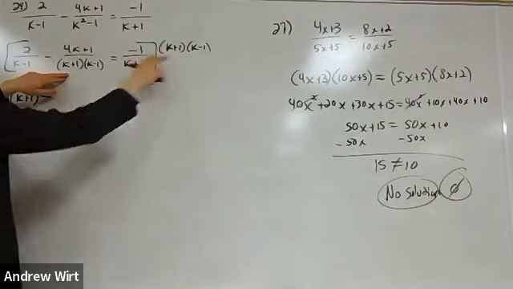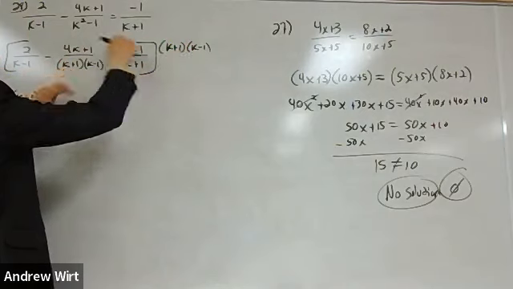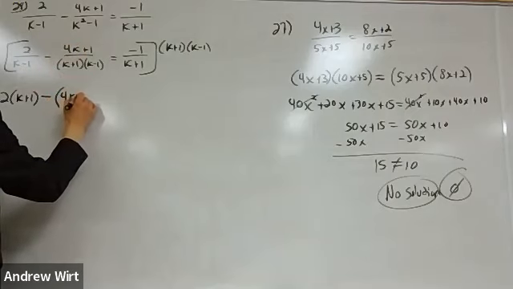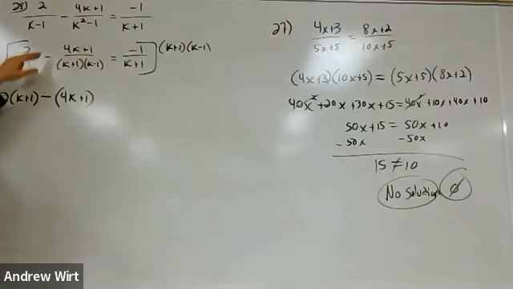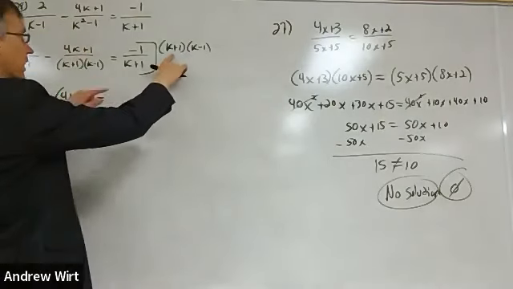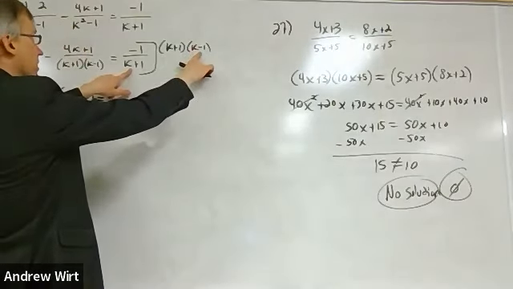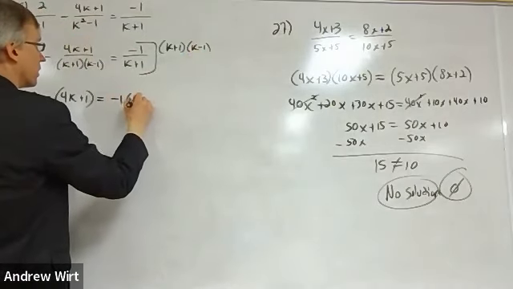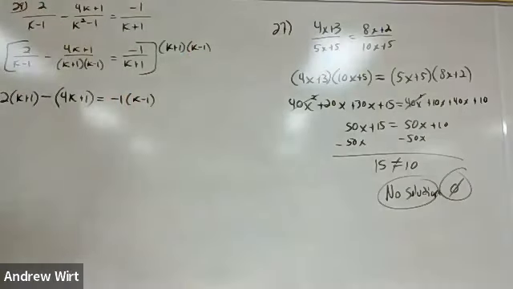Minus, here, both of these cancel, leaving the numerator. Now, keep in mind we're subtracting, so we have to put this thing in parentheses. We're subtracting the entire binomial. Now over here, the k plus 1s cancel, leaving k minus 1. So we get negative 1 times k minus 1. Now let's distribute.